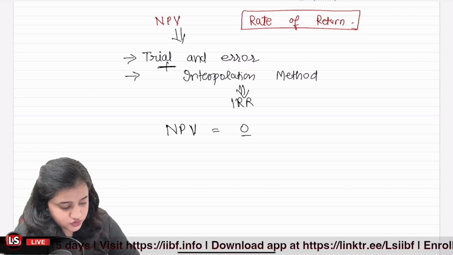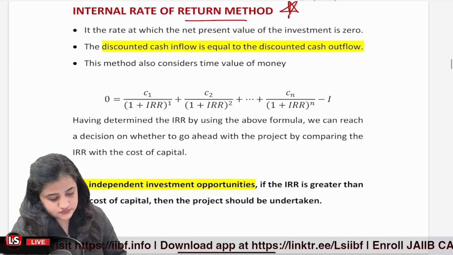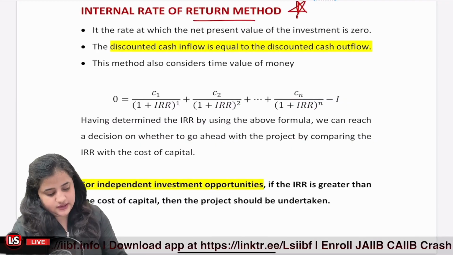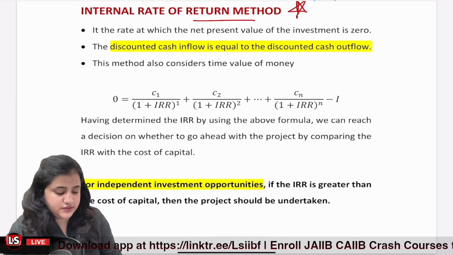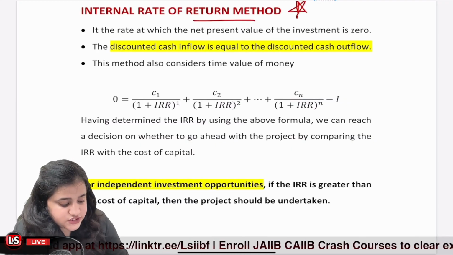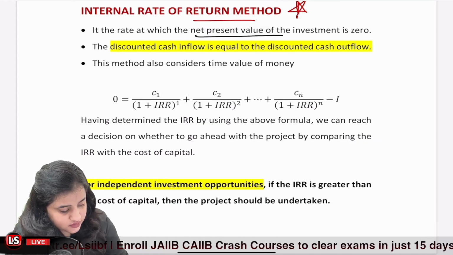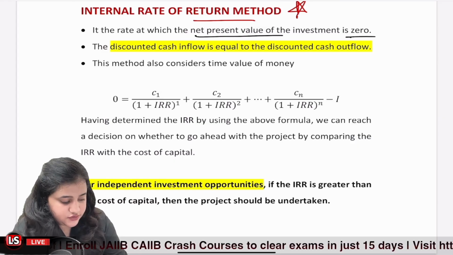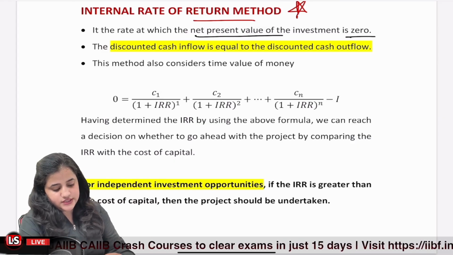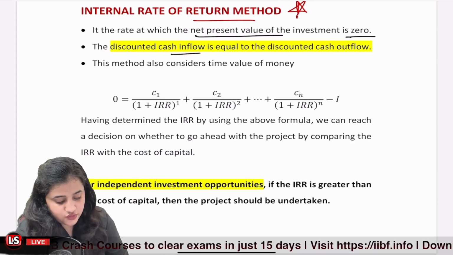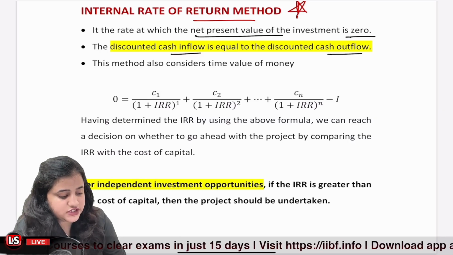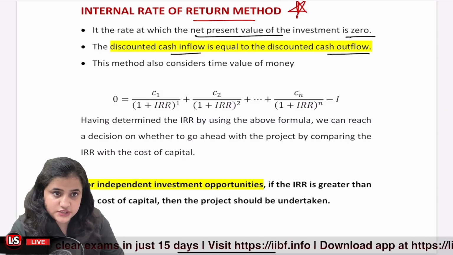Let's just go through your notes before that. What does it say? Internal rate of return method. It is the rate at which NPV of investment is zero. That I already told you. The discounted cash inflow is equal to the discounted cash outflow. Only then your NPV will be zero.